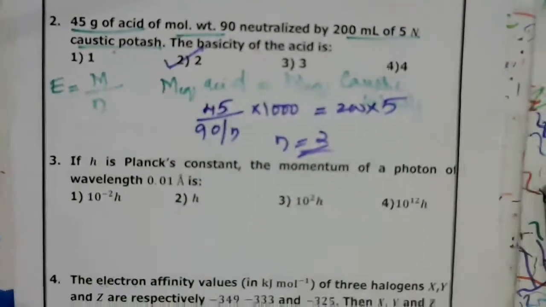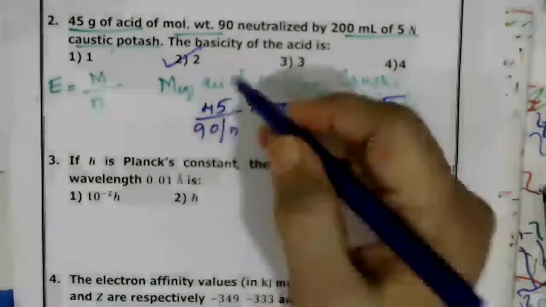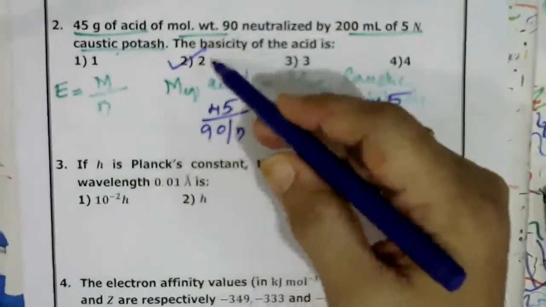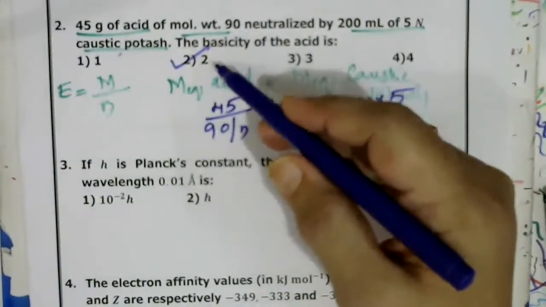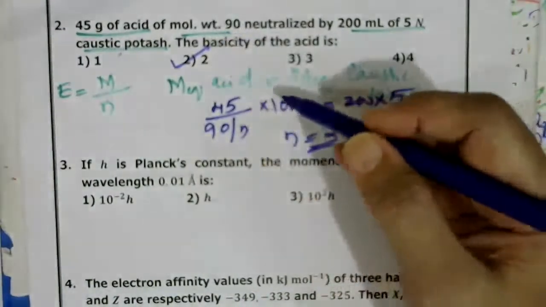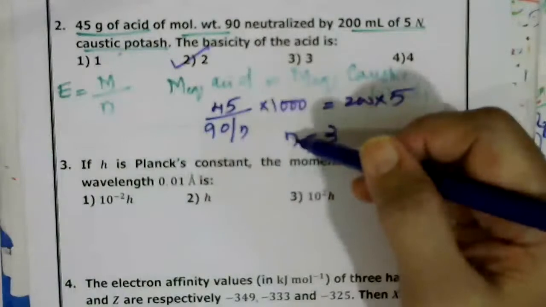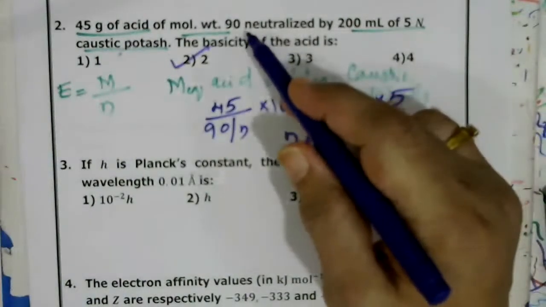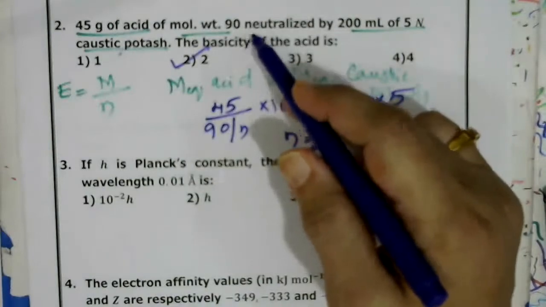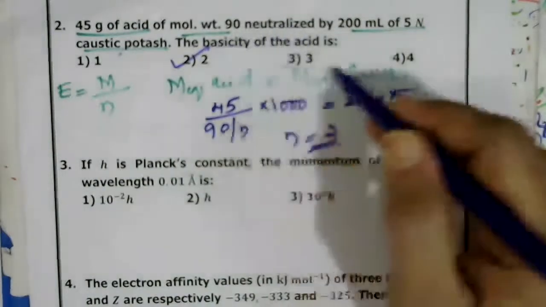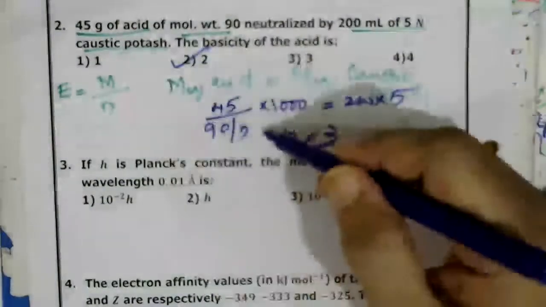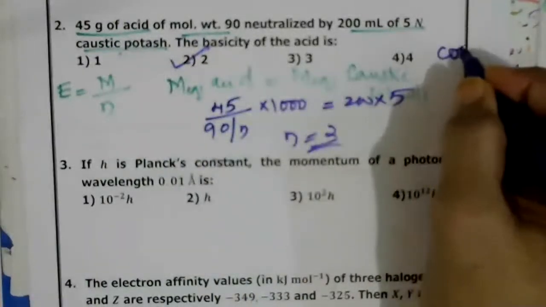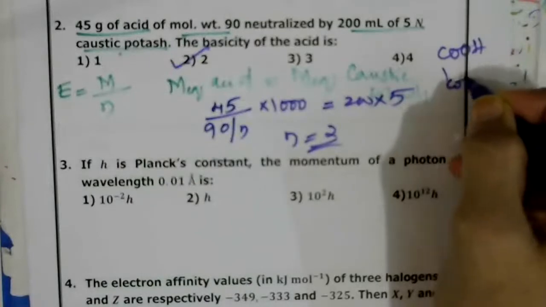Do you know, children? The molecular mass 90 is for oxalic acid, which has molecular mass 90, and it is a dibasic acid. By knowing the molecular mass itself, without doing all these calculations, we can go directly to the answer, because oxalic acid is COOH, COOH.